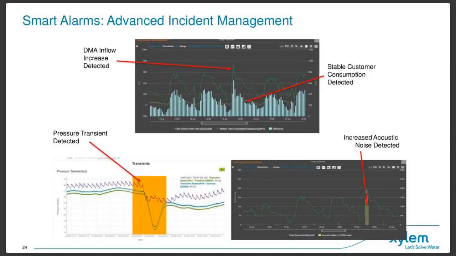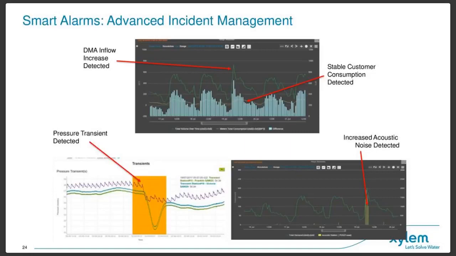So in this example, if we look at the top graph, the system is learning what is normal for an inflow into a DMA, understanding what the usual consumption is, and then flagging up in an intelligent way, so not based on a fixed threshold, but understanding a deviation from the normal condition, flagging that up in the green line here and saying, okay, this looks abnormal.